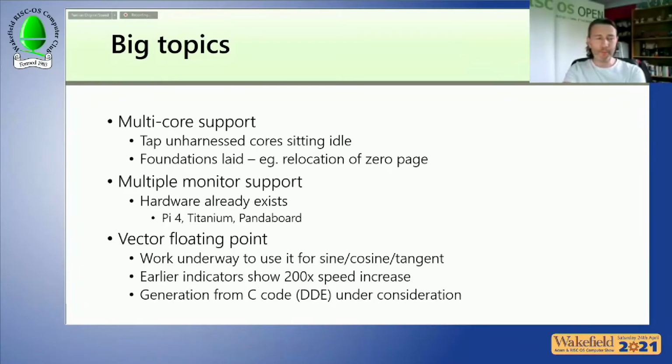And finally, there's another piece of work which is actually underway, which is called vector floating point. It's quite technical, but what it basically means is a lot of difficult math stuff can be accelerated significantly by taking advantage of a lot of the features in modern ARM cores. And at the moment, we don't take advantage of those features.